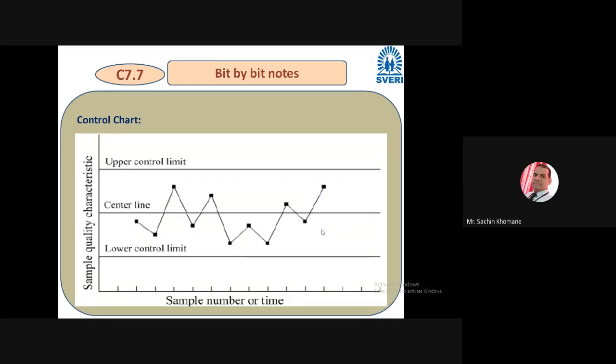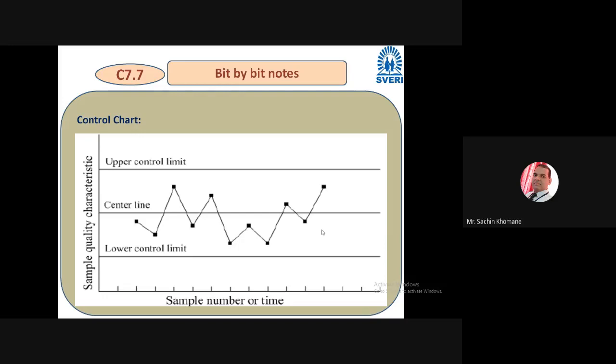It will be on the x axis, and on the y axis there will be a sample quality characteristic. Let us take the example of concentration. Take the example of the chemical industry: concentration of liquid may be on the y axis, and time on the x axis.